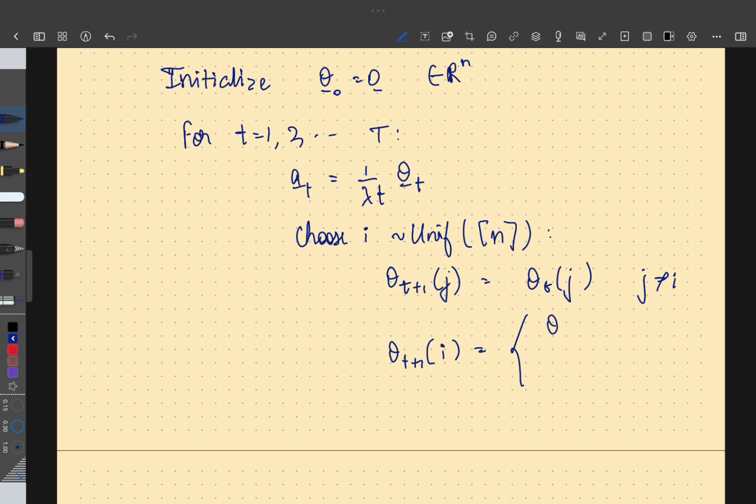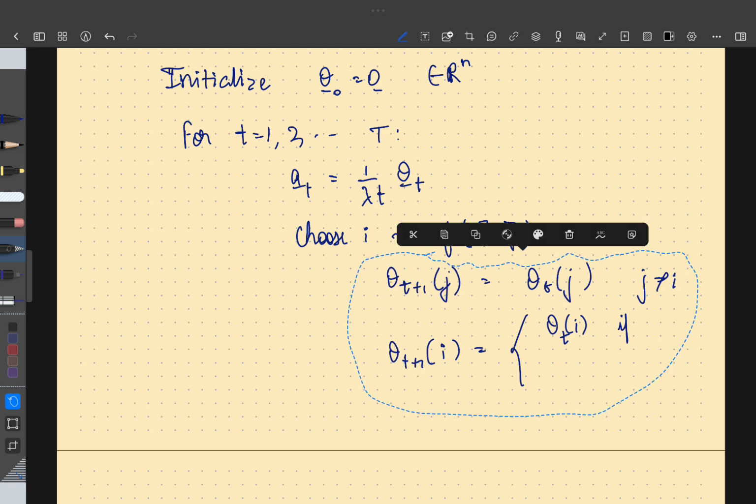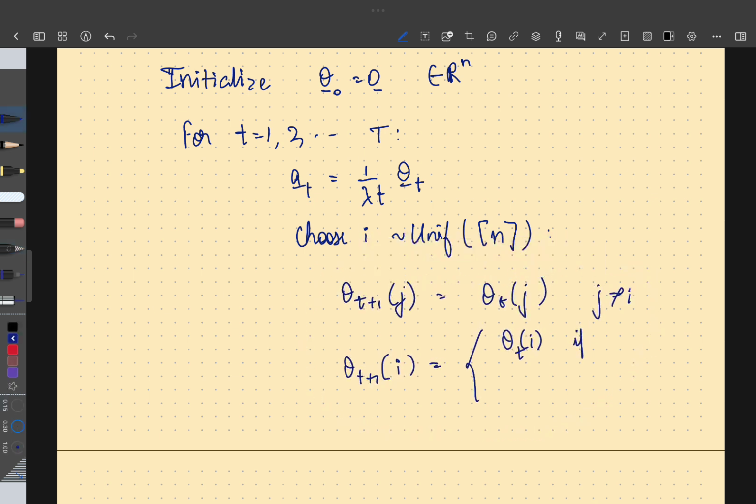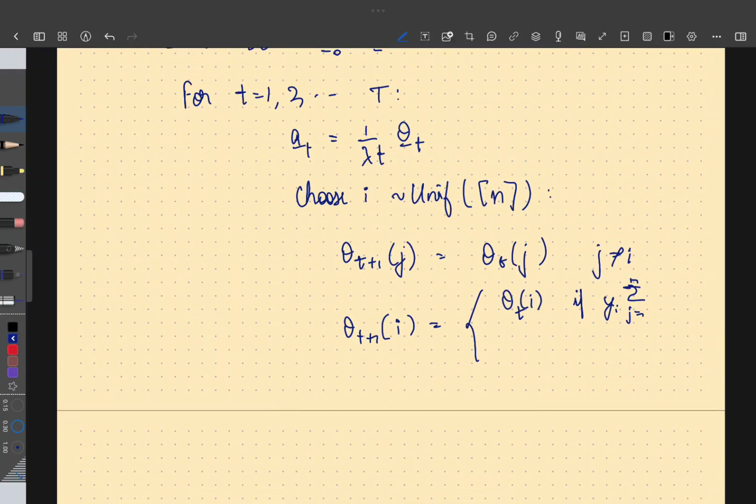So this is equal to theta_t of i if yi times summation j equal to 1 to n of aj k(xj, xi) is greater than or equal to 1, and it's equal to theta_t of i plus yi else.